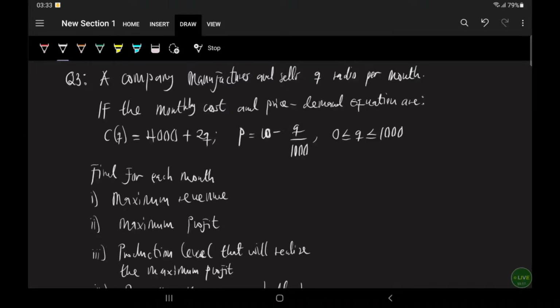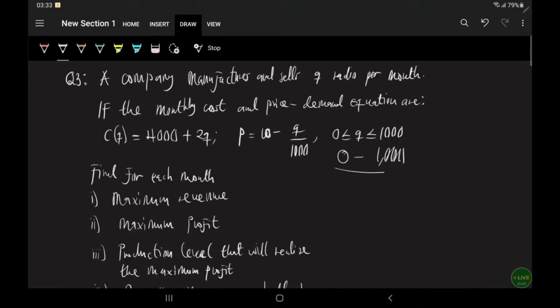Question 3. A company manufactures and sells Q radios per month. The monthly cost and price demand equations are given as follows: the monthly cost, in Q, is 4,000 plus 2Q, and the price is 10 minus Q over 1,000. Remember, we can produce within a range of 0 to 1,000.